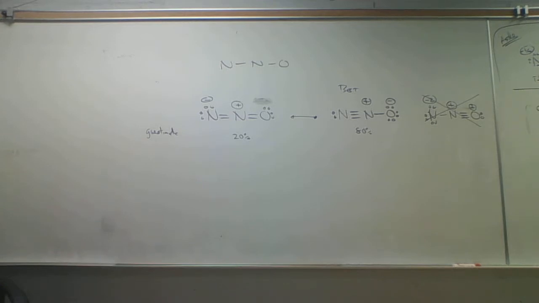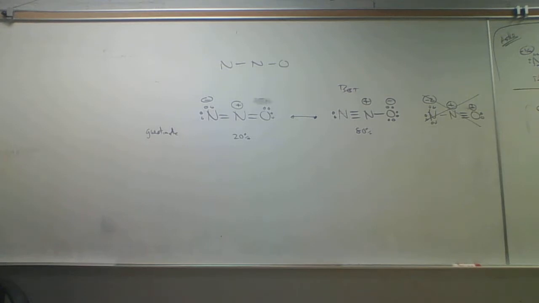There's a rule that we have that didn't appear earlier. Acid hydrogens go on the most electronegative atom. So we have a choice. We could put the hydrogen on nitrogen or the hydrogen on oxygen.